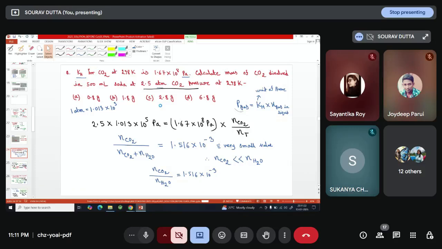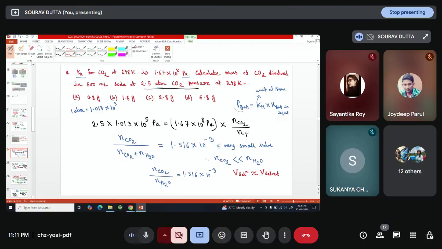Okay. Now the mole number of carbon dioxide is very very less in comparison with mole number of water. So basically the volume of the solution is almost equal to the volume of the solvent. মানে তোমার এই কার্বন ডাইঅক্সাইডটা খুব কম পরিমাণে আছে.